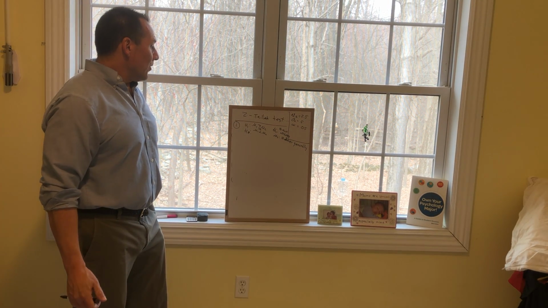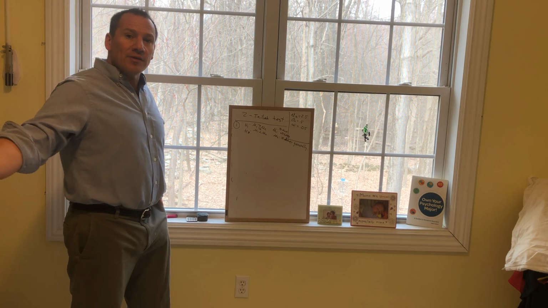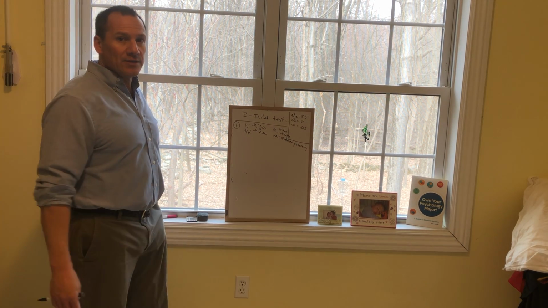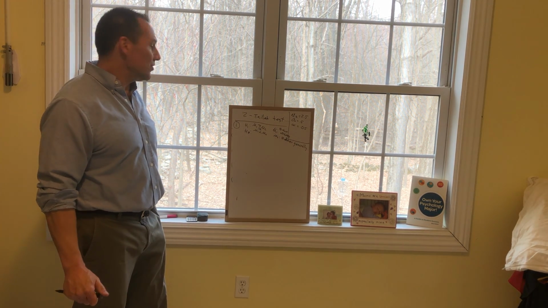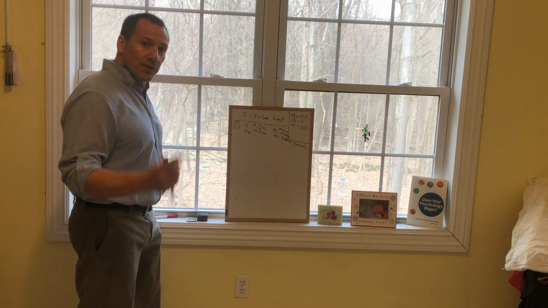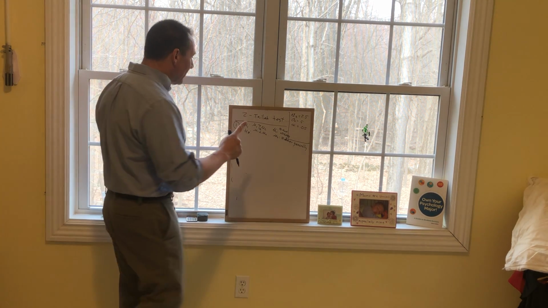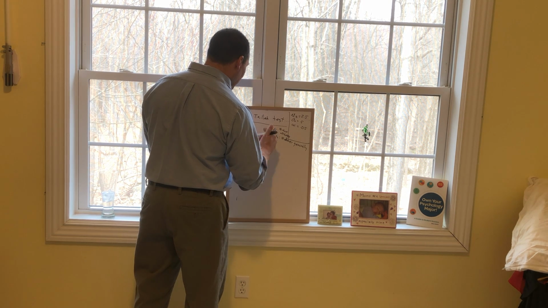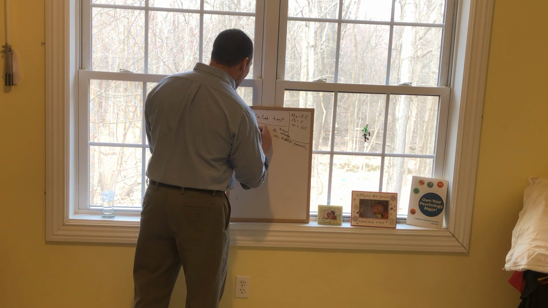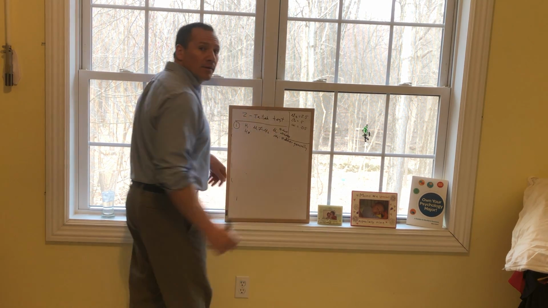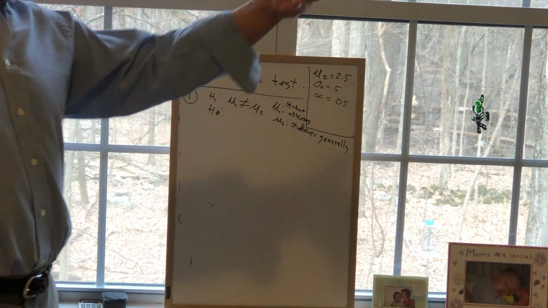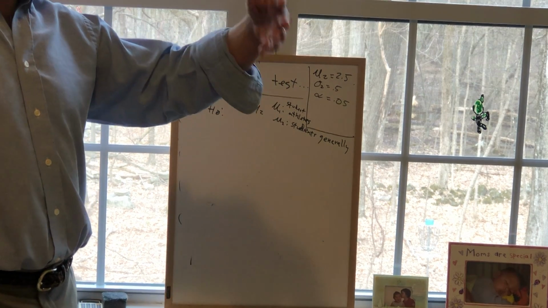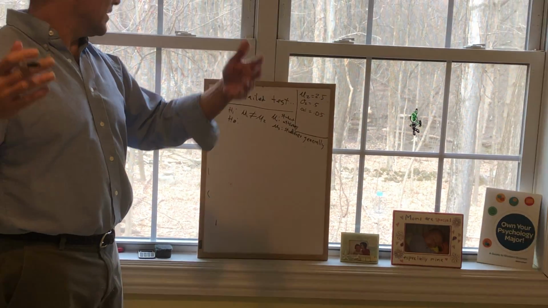It is possible that student athletes have a GPA that is lower than the mean for students in general. We could simply put that as mu sub 1 is not equal to mu sub 2. That encapsulates mu sub 1 is greater than mu sub 2, and mu sub 1 is less than mu sub 2.